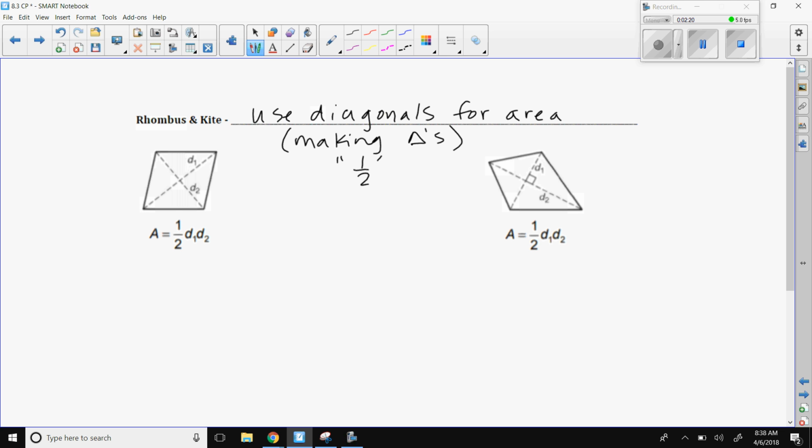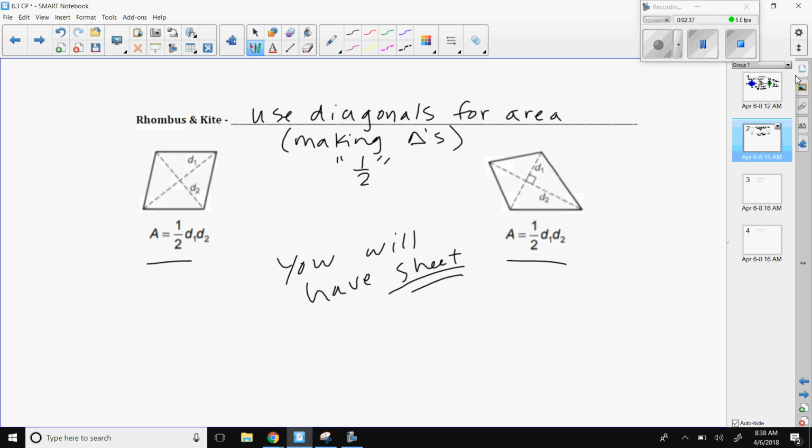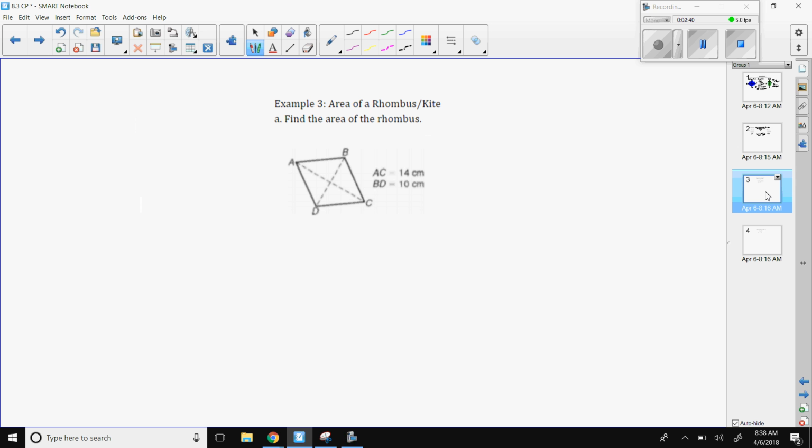That's where the 1/2 comes from, is the triangle formula, and you end up with these. Okay, you will have a sheet with all of these. So lastly, let's look at the examples.